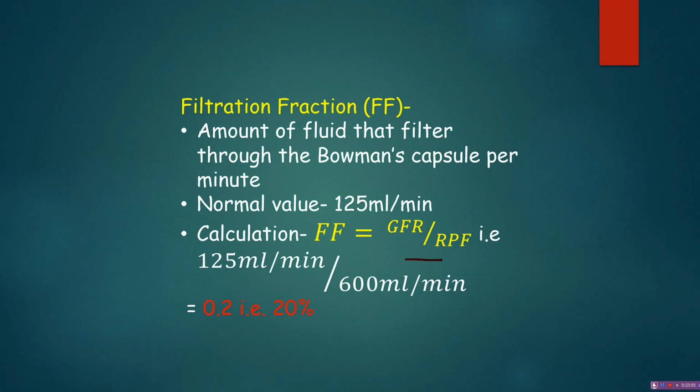What percentage of the renal plasma flow is filtered? It is the amount of fluid that filters into the Bowman's capsule per minute. Normal value is 125 ml per minute, that is the GFR, divided by renal plasma flow, which is 600 ml per minute. That comes to 0.2 or 20%.